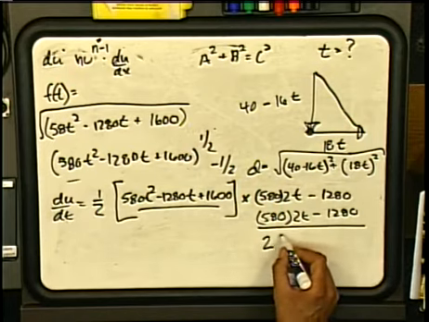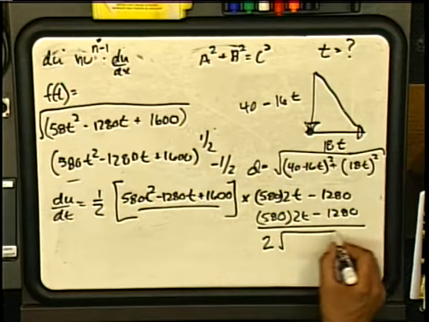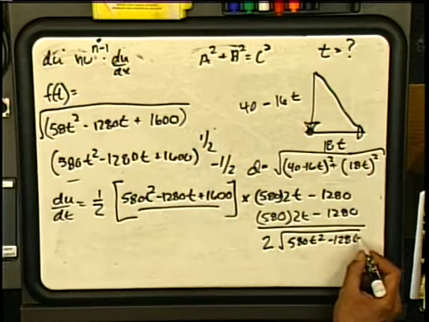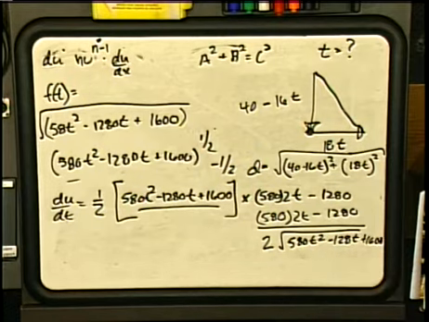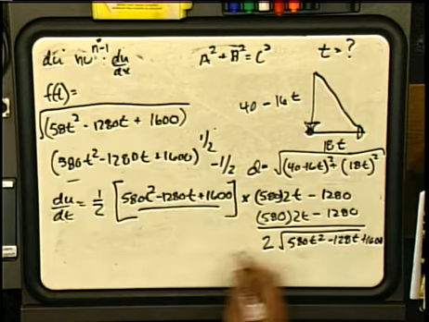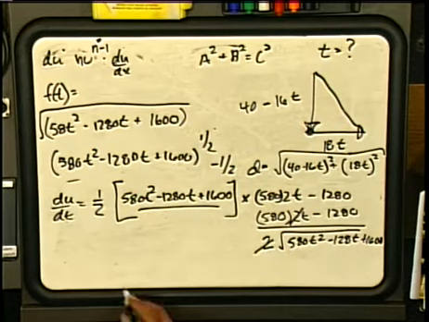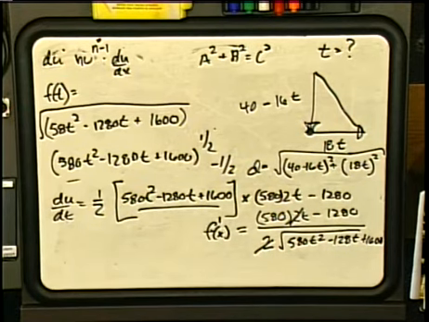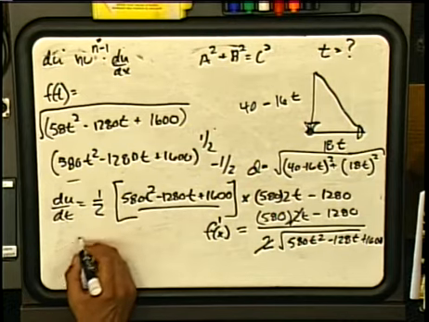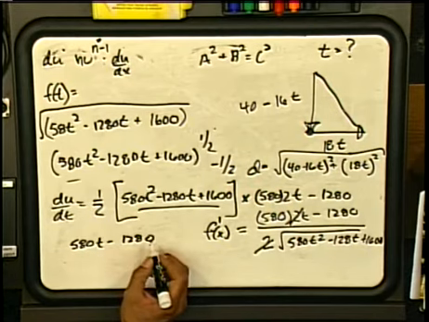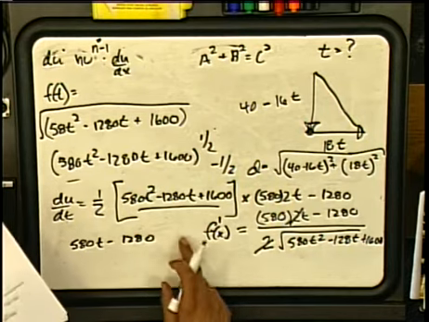All this comes out to be 580t squared minus 1280t plus 1600. And he just sets both equal to 0. These twos cancel out. This is f prime of x. And he says both the top and the bottom equal to 0, 580t minus 1280.